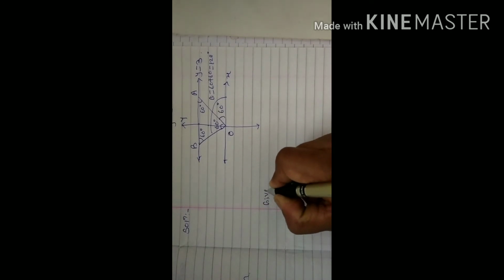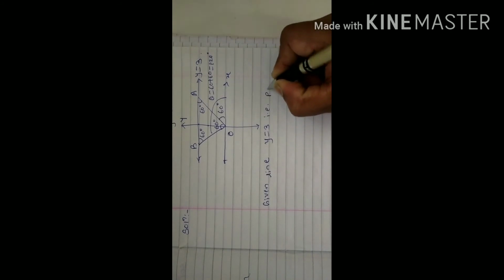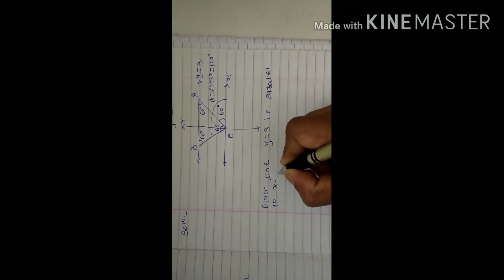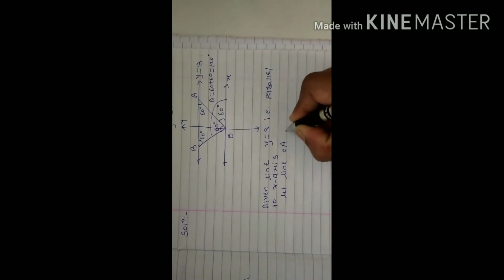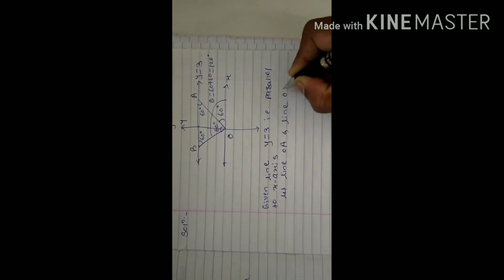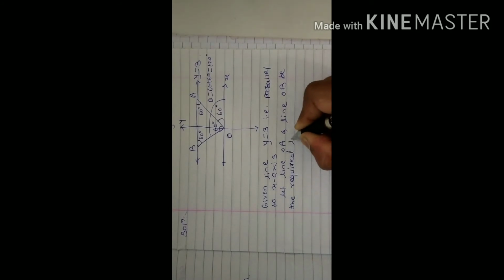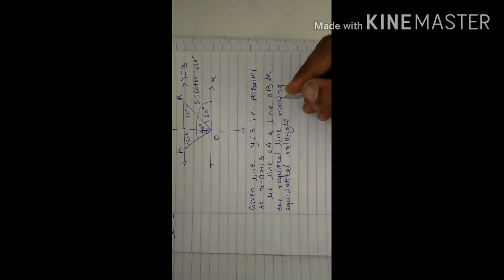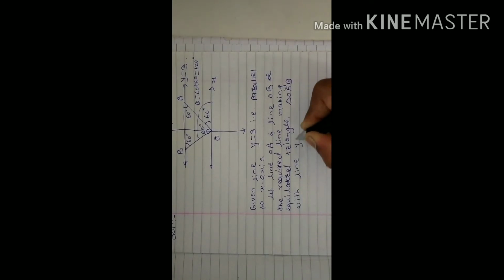The given line y equal to 3 is parallel to the x-axis. Let the lines OA and OB be the required lines, making the equilateral triangle OAB with the line y is equal to 3.